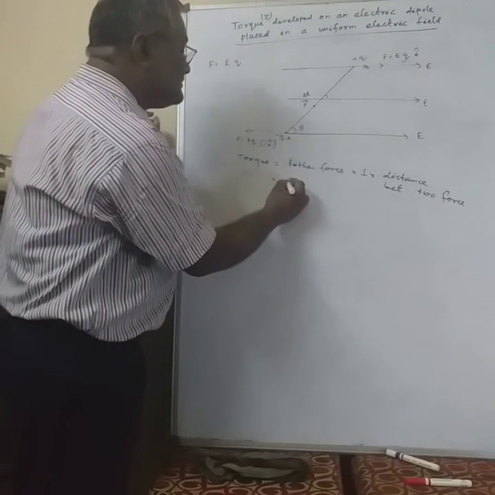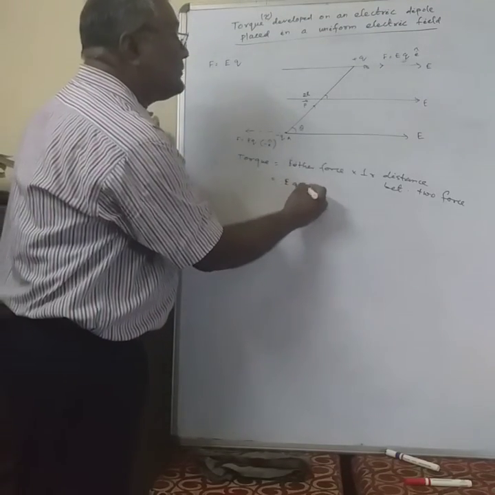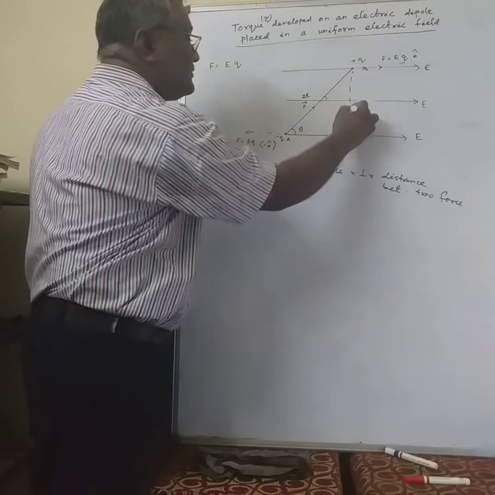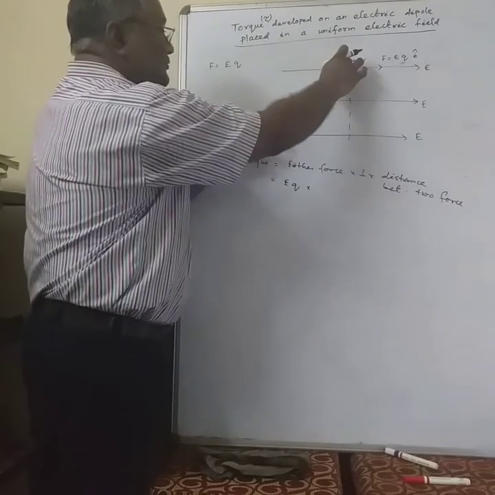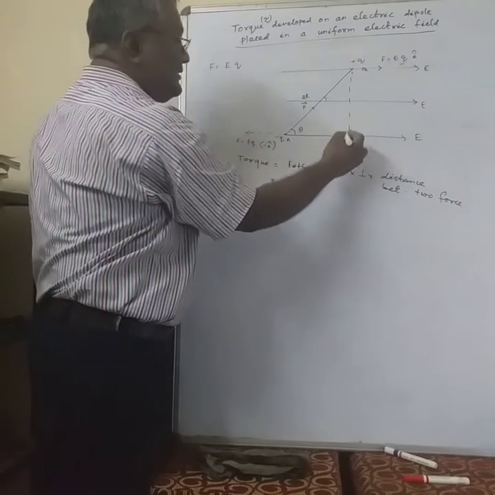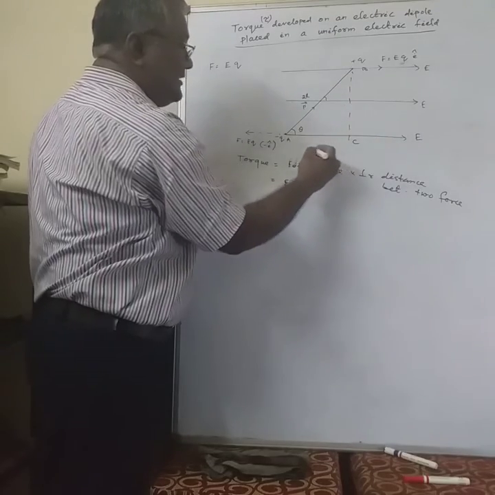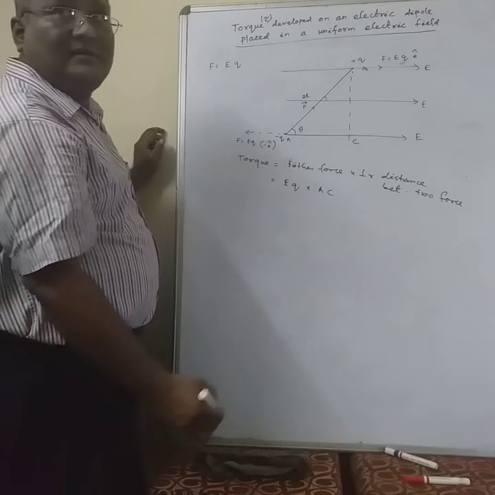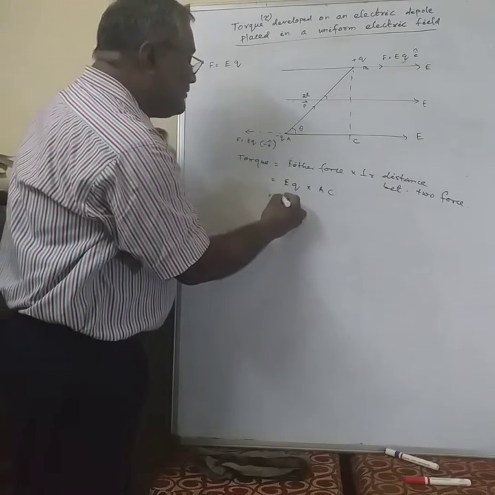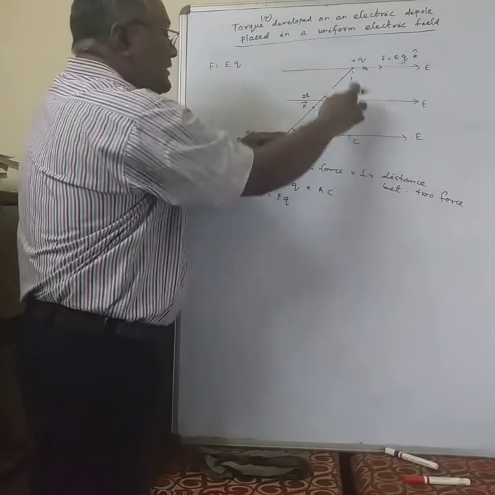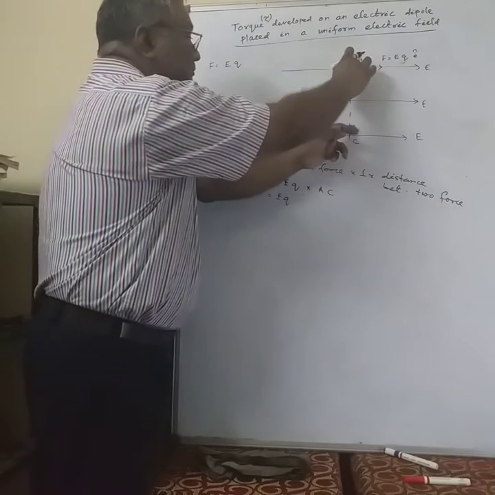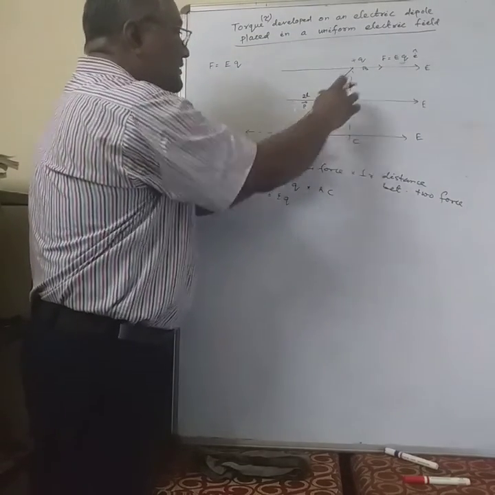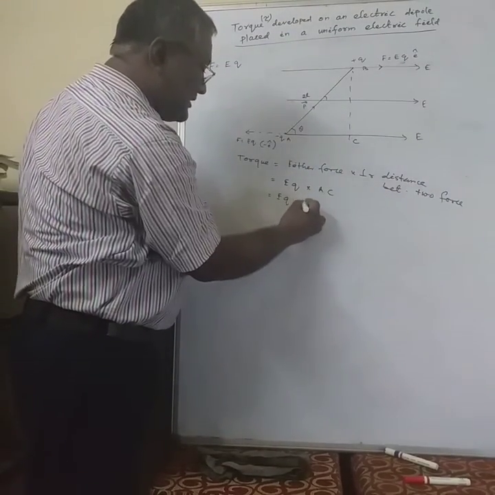So either force is EQ and the perpendicular distance between the two forces is, this is 2L, this is AB, this one let it be C, so the perpendicular distance is BC. That is equal to EQ, and this one is 2L, this is theta, this one is perpendicular for this theta angle, so this will be 2L sin theta.